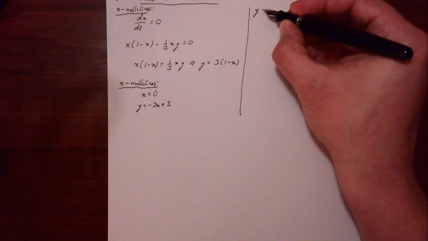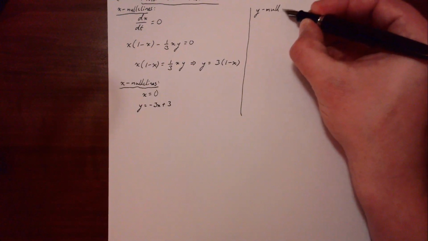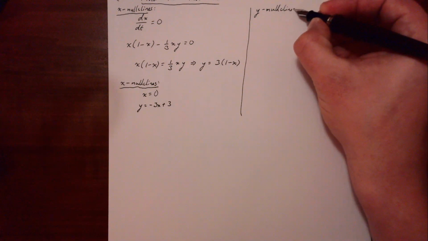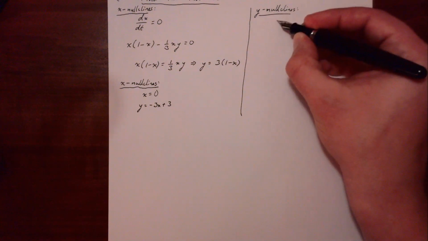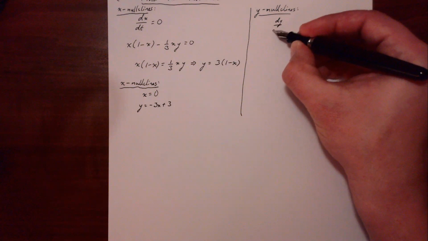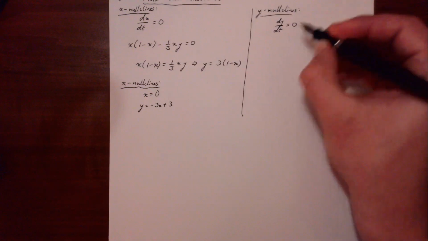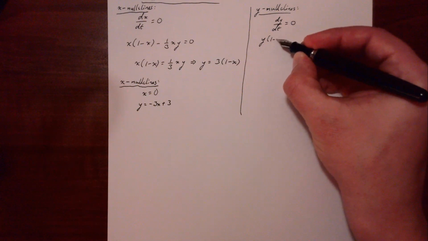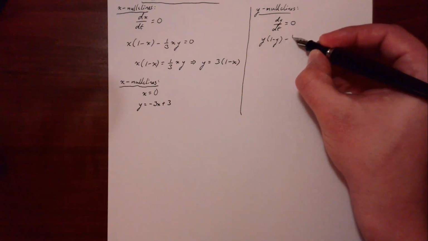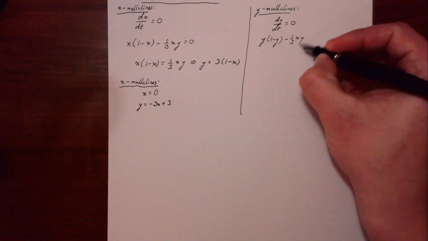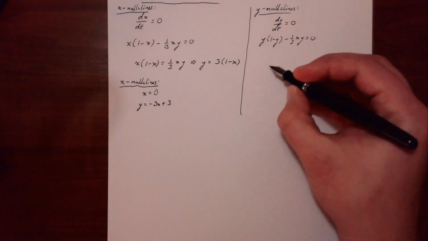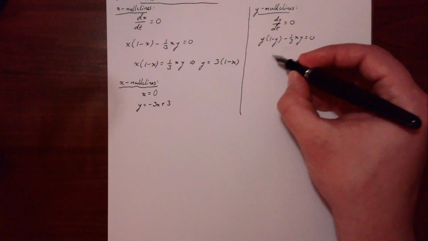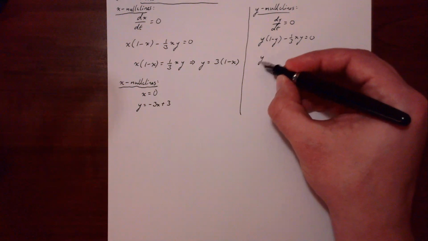Now let's do the same thing, but for y. So the y nullclines. So those come from setting dy/dt equal to 0, which in this case would be y times (1 minus y) minus 1/3 xy equals 0, which we can then rearrange in the same way.